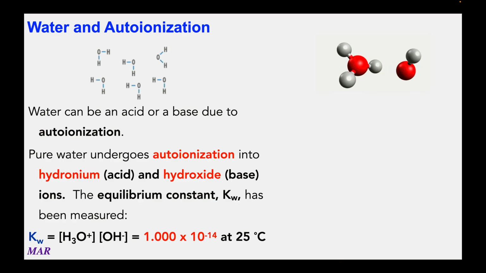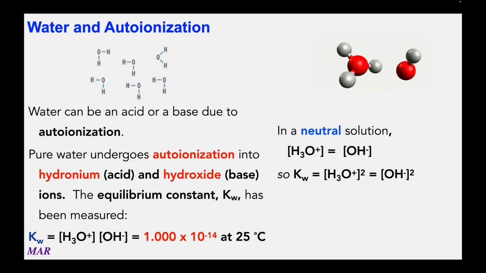The idea here is that autoionization of water happens at all temperatures, and some water will always break down into hydronium and hydroxide, which is kind of interesting. If Kw equals hydronium times hydroxide, and that equals 1.000 times 10 to the minus 14th, and if water is the only thing that's breaking down, then every two waters will make a hydronium and a hydroxide, and the hydronium and the hydroxide concentrations will be the same.